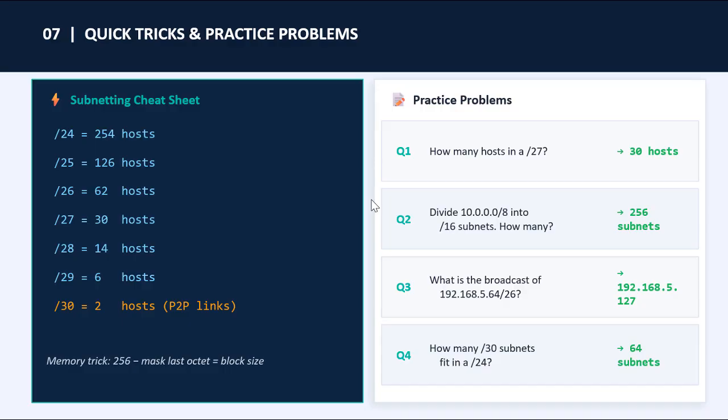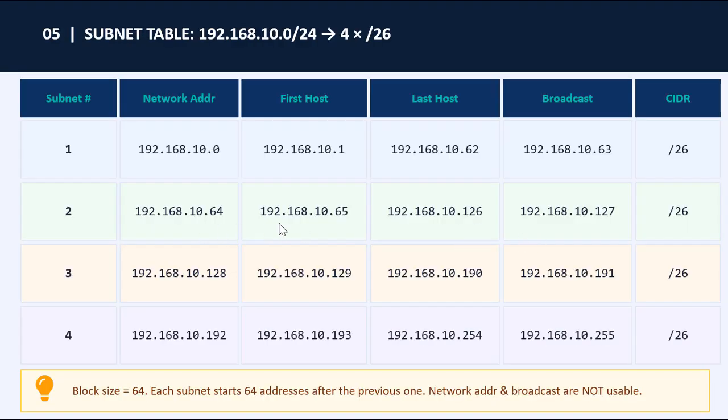So this IP address 192.168.5.64 lies in the second subnet. So that's why the second subnet has the broadcast address of .127. I can show you in what we did in the subnet table. So this is the subnet I'm talking about. So the broadcast address is 127.